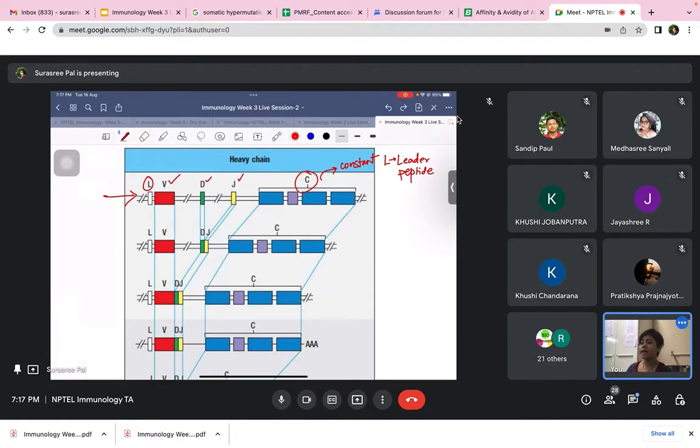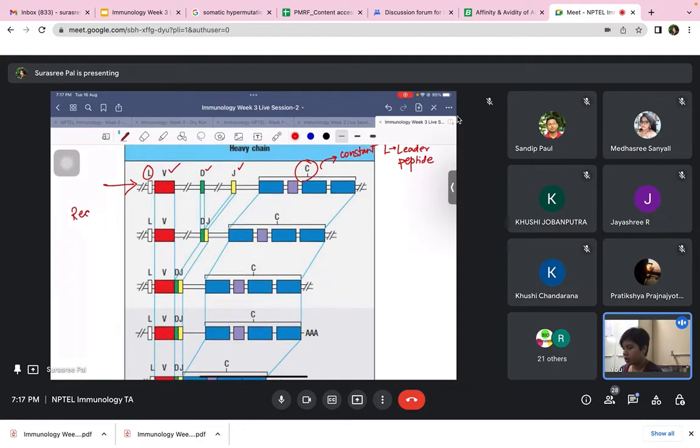Okay, so in the first round of recombination, recombination round 1, particular D and J segments recombine to form the DJ segment, right?